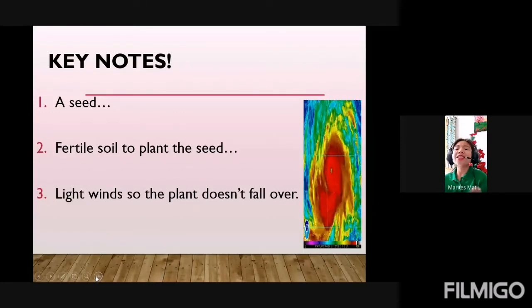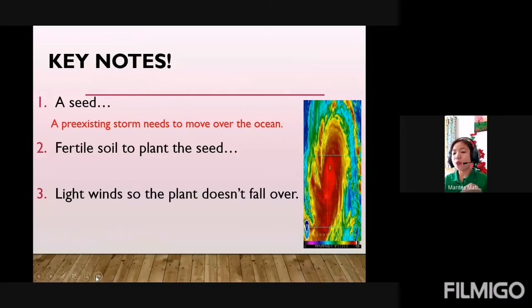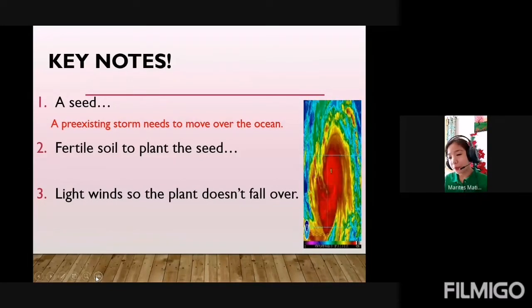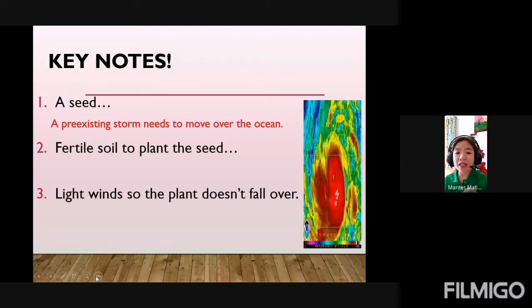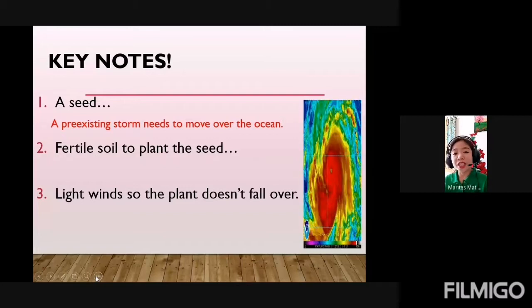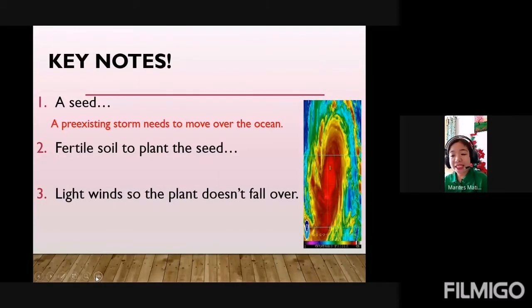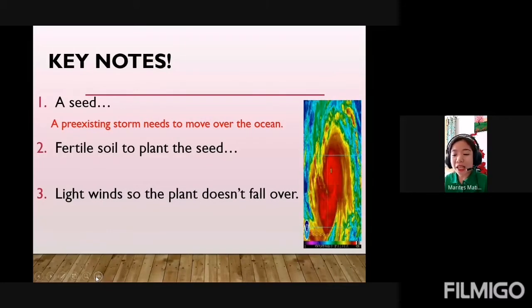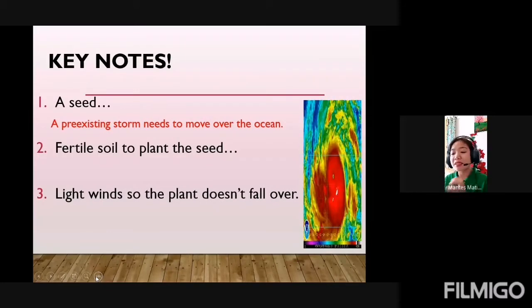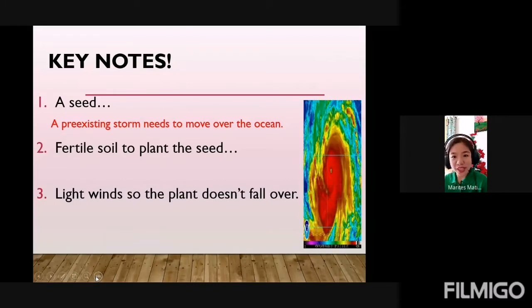Okay, ano kayo nagsisilbing seed ng typhoon natin? Ayan. So we must have a pre-existing storm needs to move over the ocean. Ayan. So yun yung pinaka-seed natin.